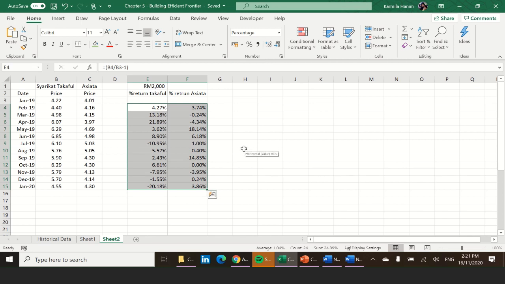We take 2 decimal points, okay? Then we can proceed to calculate the mean, standard deviation, and also variance, as well as correlation.